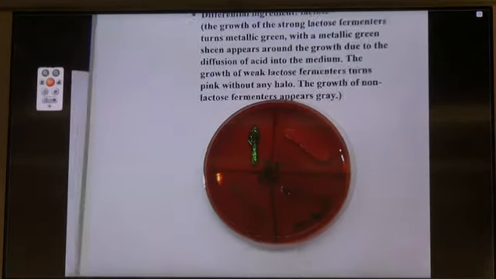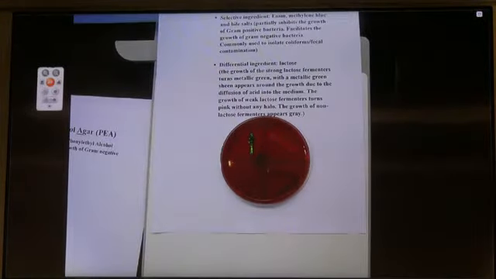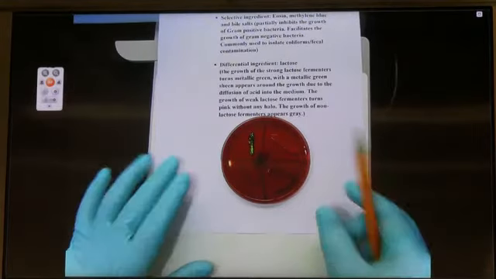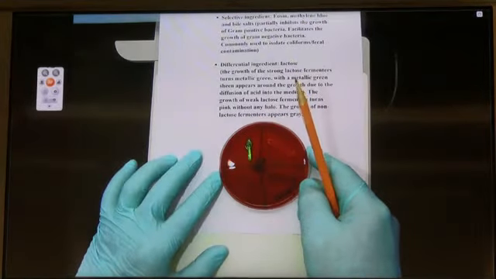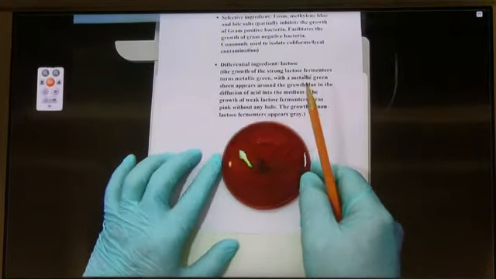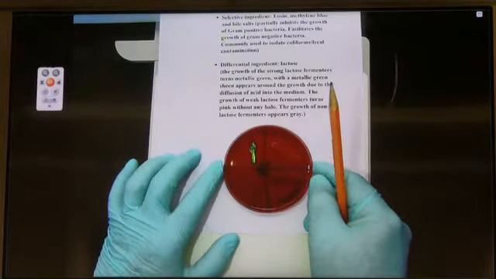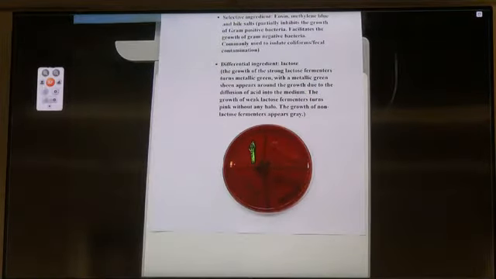Let me zoom out so I can put my stickies here. The green metallic color that you see here is E. coli. The main purpose of this medium is to detect fecal contamination.